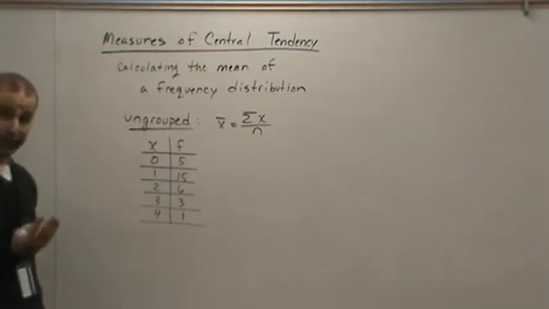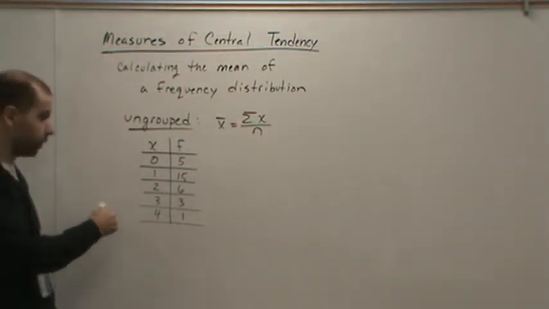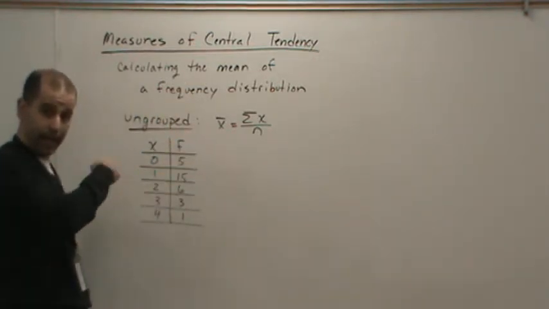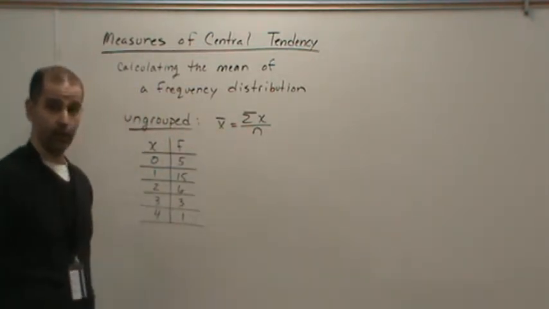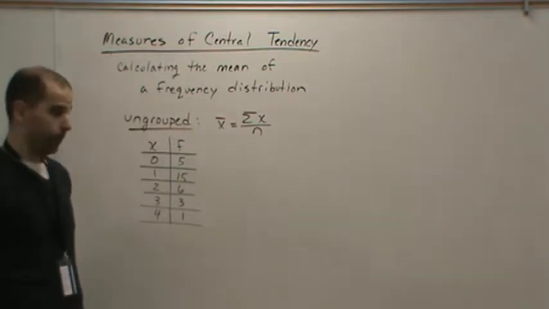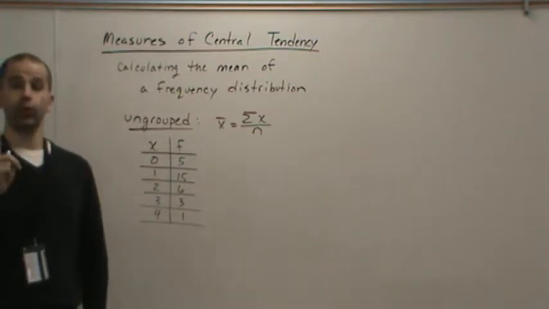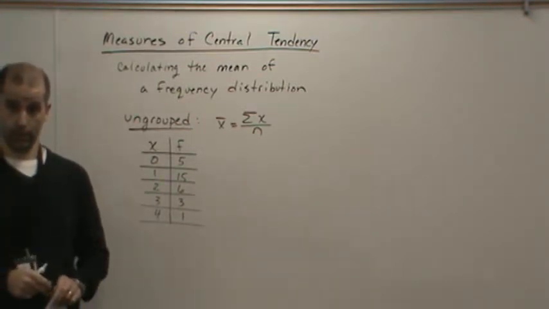Okay? So we actually have all of the data. I could write out all of the data just like this, like we had before, and I just can apply this formula the way it is. Okay? But here is the general formula for using for distributions. Okay?